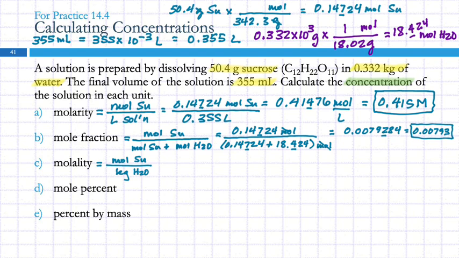And why kilograms? Why not grams? Well, that's an excellent question. So, molarity is moles per liter of solution. This is moles per kilogram of solvent. How much does 1 liter of water weigh? A liter is 1,000 milliliters.